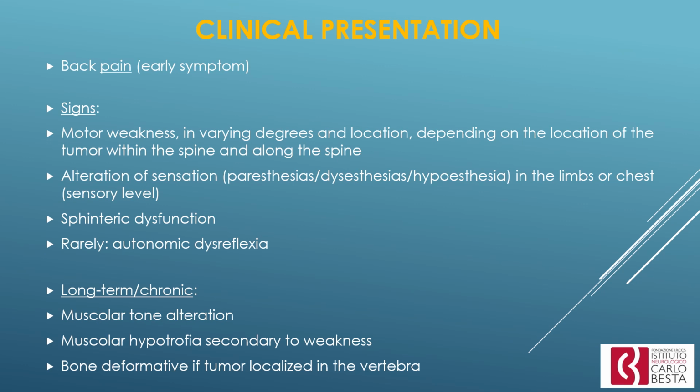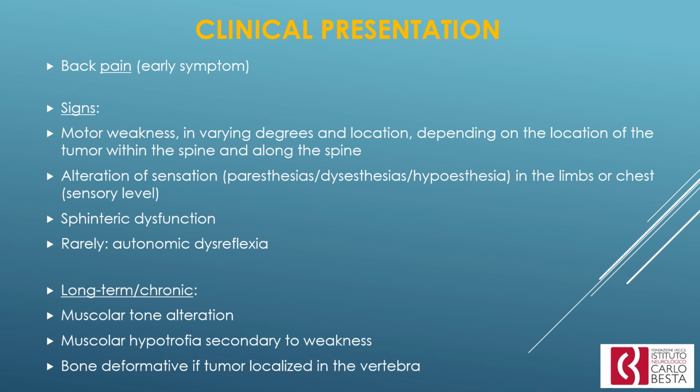Clinical presentation can vary, and you need to evaluate the patient deeply. The most common symptom is slow and progressive back pain that can radiate down to the extremity. There are often other signs such as weakness, loss of sensation in the legs, arm or chest, loss of bowel and bladder function, and rarely autonomic dysreflexia, especially if the lesion is located at or above the 6th thoracic level.